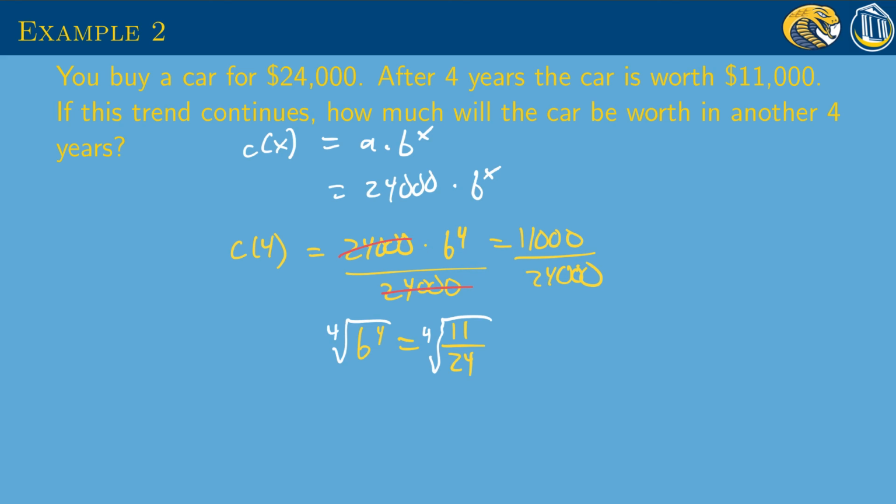And the 4th root of b to the 4, those cancel, and we're left with just b is the 4th root of 11 over 24, which is approximately equal to 0.823. Again, leaving this as 11 over 24 to the 1/4, or the 4th root of 11 over 24, those are our preferred options.